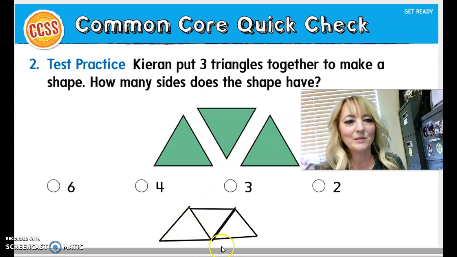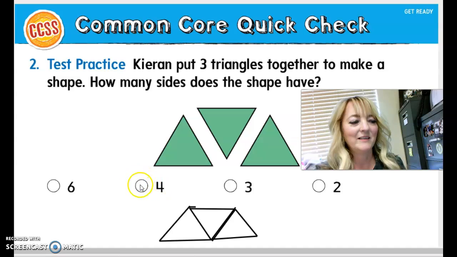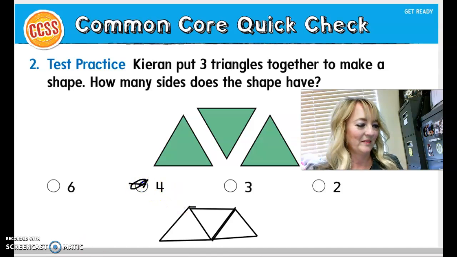If we consider this one entire shape, which is a trapezoid, how many sides does it have? Just on the outside, 1, 2, 3, 4. So 4 is our answer.